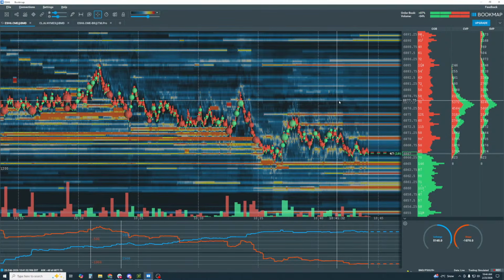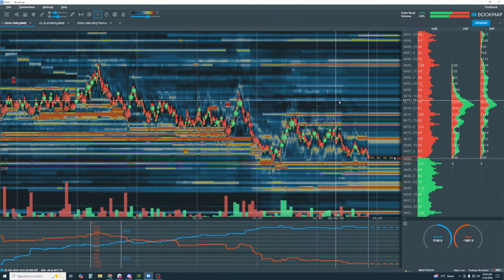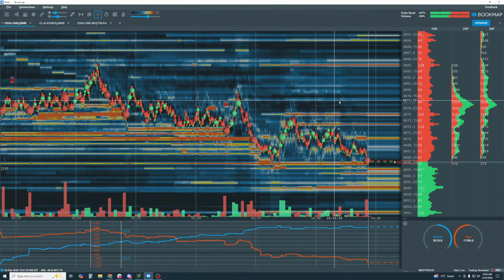It's typically pretty quiet until around 2. That's when you're looking for mean reversion type trades, or back in the range, back to the other side of the range, a lot of chop.